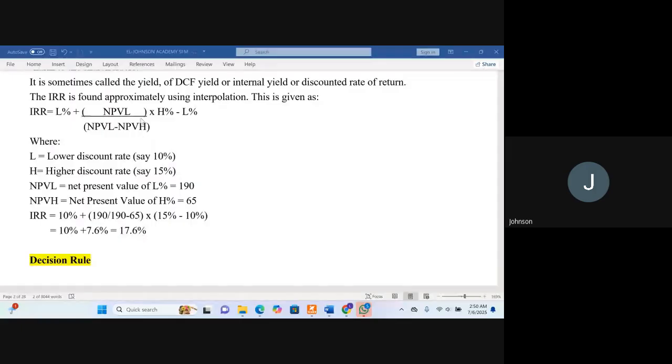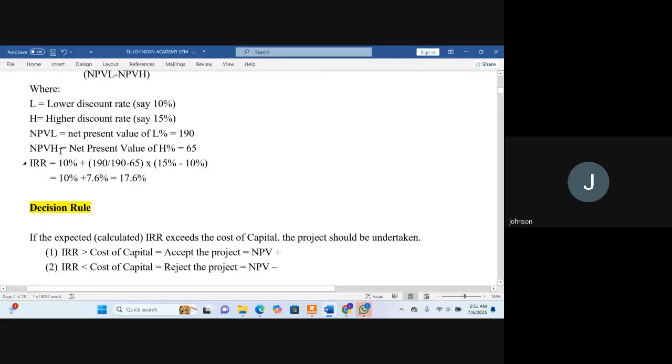To get the present value, you discounted with the cost of capital, that 20%, and you put that NPV here. You divide it by the NPV from the lower rate minus the NPV of the higher rate. Then you multiply everything by the higher rate minus the lower rate. So that is that.